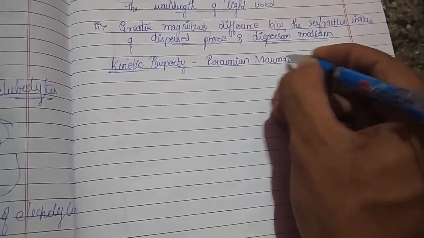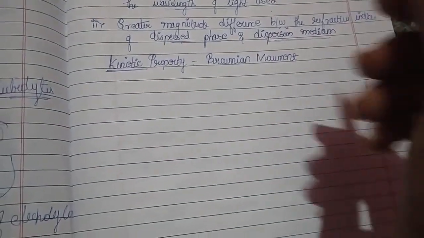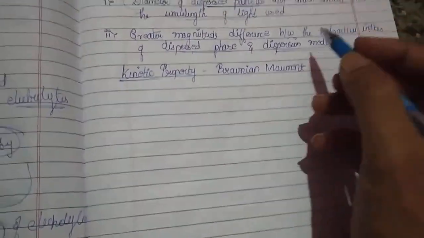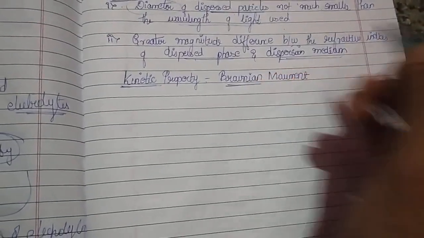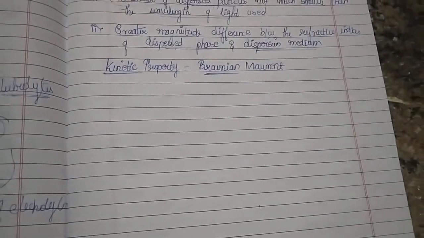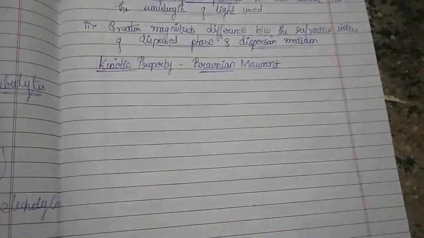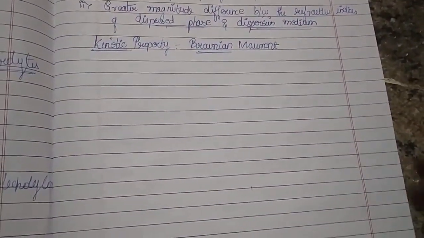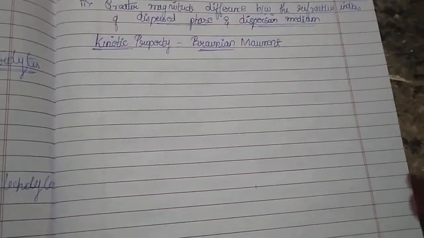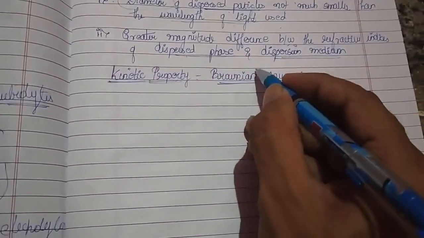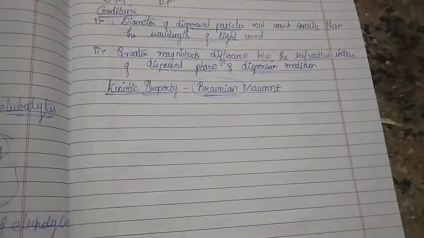Remember, the optical property was called the Tyndall effect, which is the name of the scientist who first discovered it. Similarly, Brownian is also a scientist's name, who first understood why the colloidal particles are moving and from where they are gaining the energy. In his honor, we give the name Brownian movement to the kinetic property of the colloidal particles.